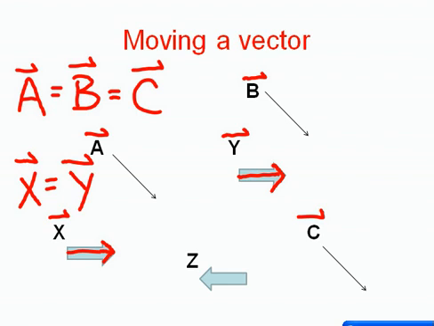But they are not equal to vector Z right here, because vector Z is going in the other direction, so it would not be equivalent to X and Y.